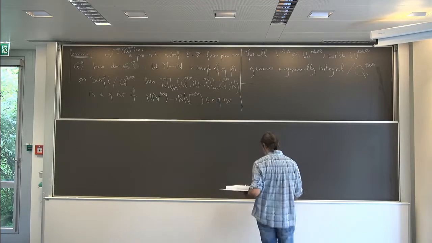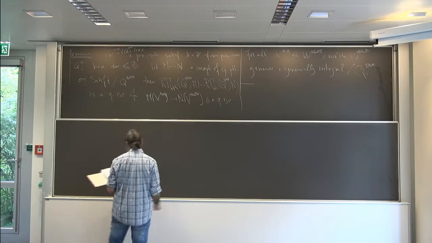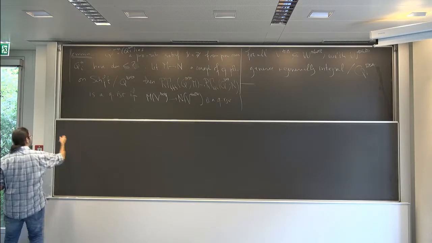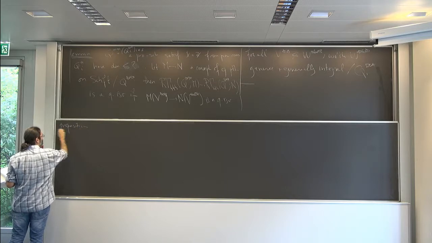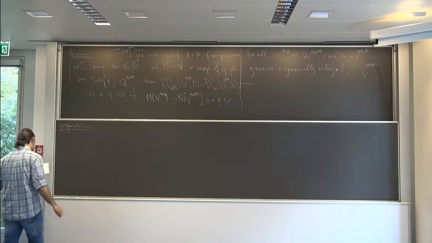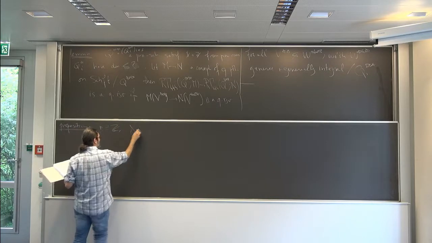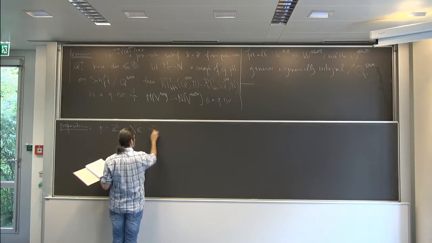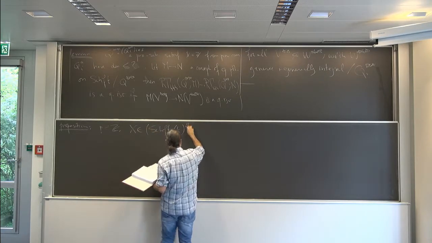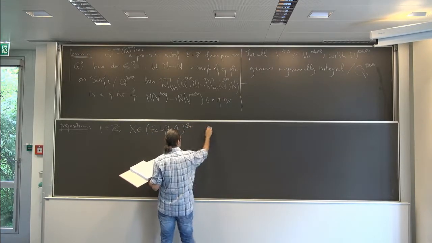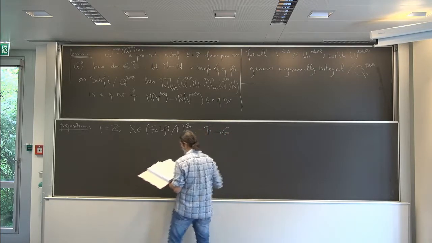All right, so it follows essentially from the construction of the Bloch-Levin tower and this lemma that we have the following proposition. All right, so let's fix an integer and a morphism as in the beginning of the paragraph.